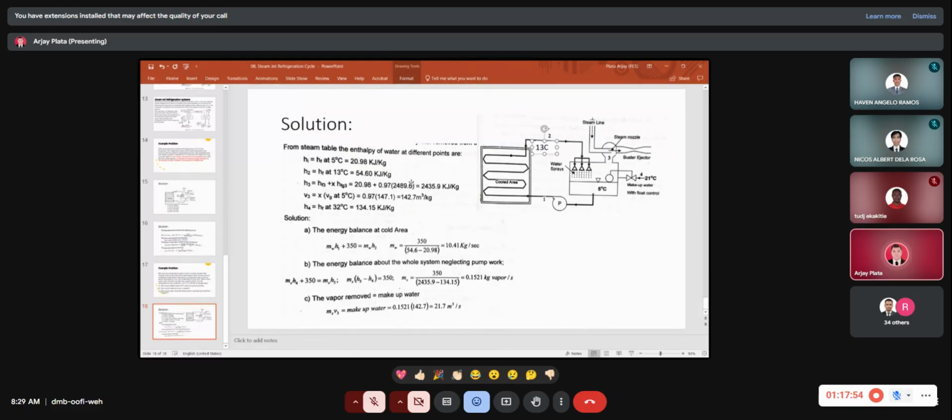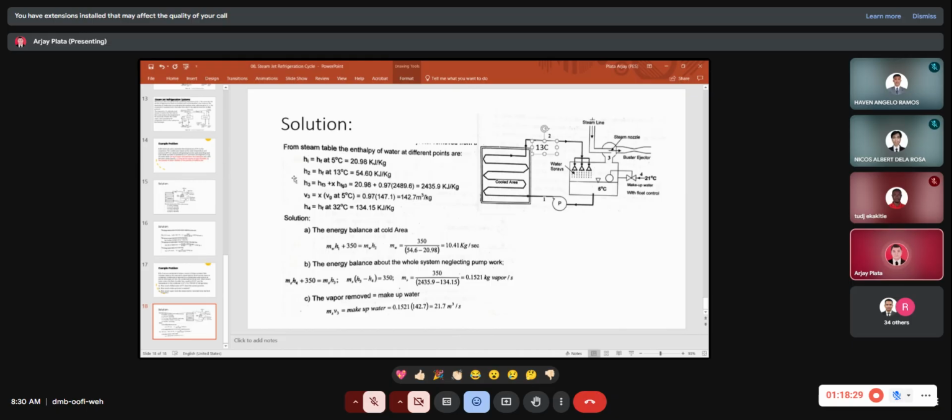You have to check the value of HFG in the steam table, but here it's already provided, 2489.6.